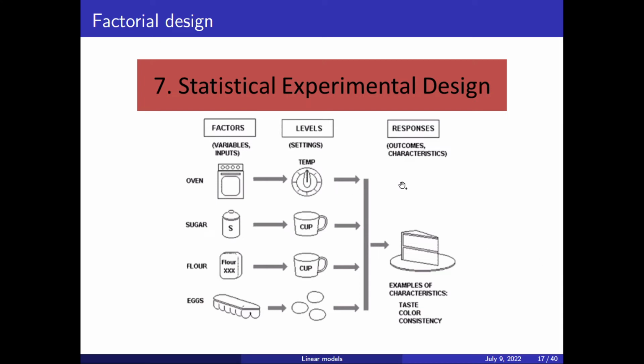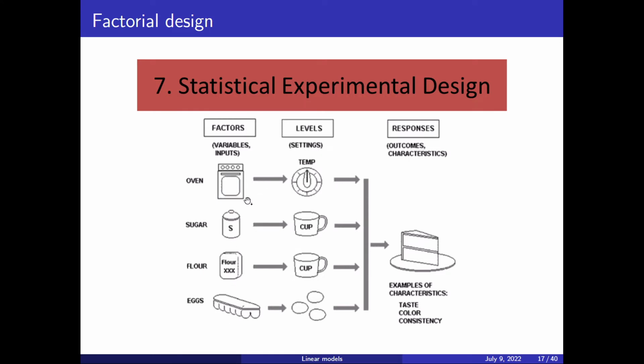So let's say that you want to make the best cake in town. You think that there are a number of factors that can affect it: the temperature of the oven, how much sugar you add, how much flour you add, and how many eggs. For each one of these factors or variables, you have different levels.